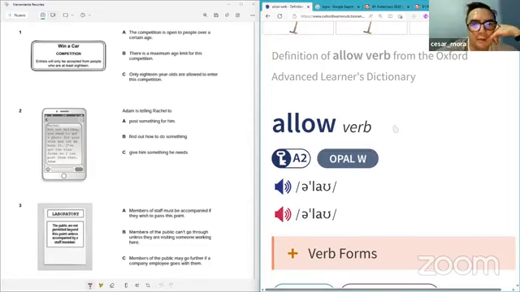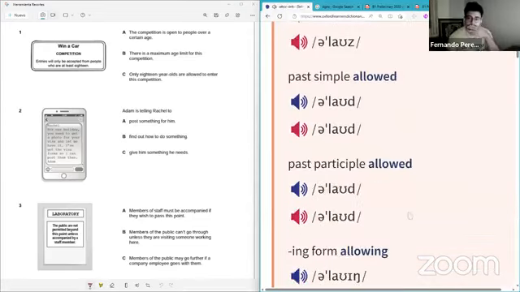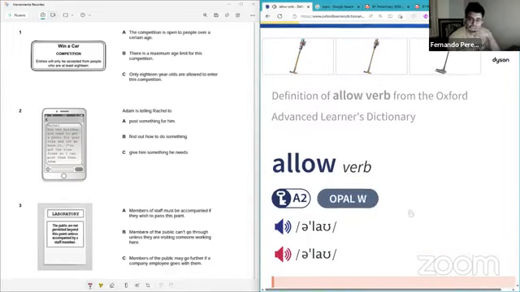You don't pronounce the E. Exactly. Allowed, not allow. That's the pronunciation. Vocabulary and pronunciation are fundamental for the exam.